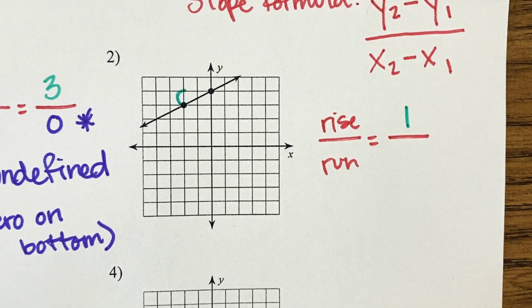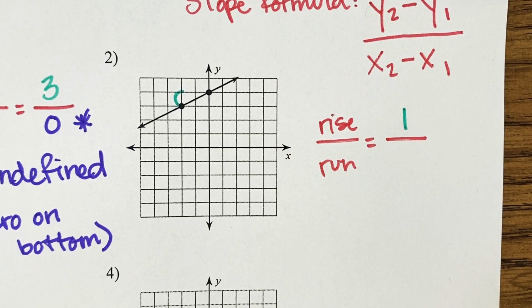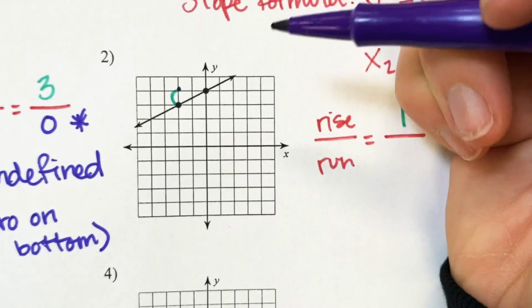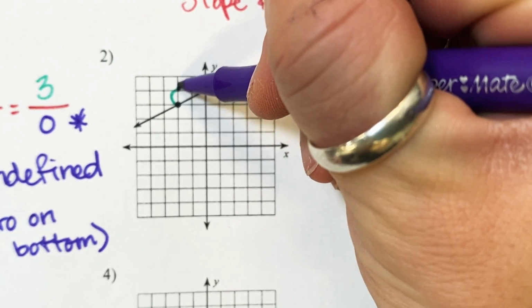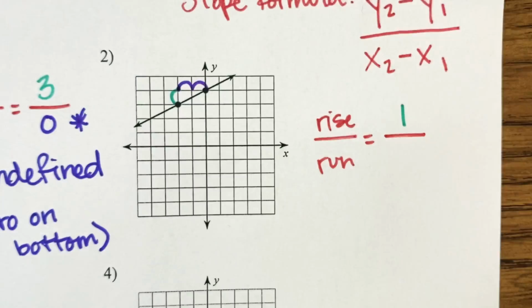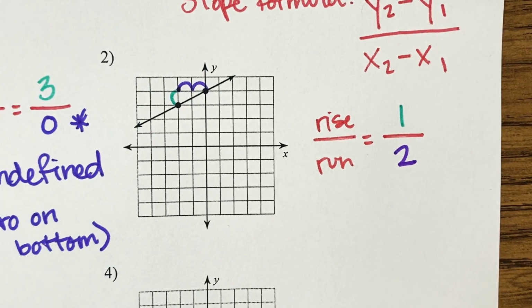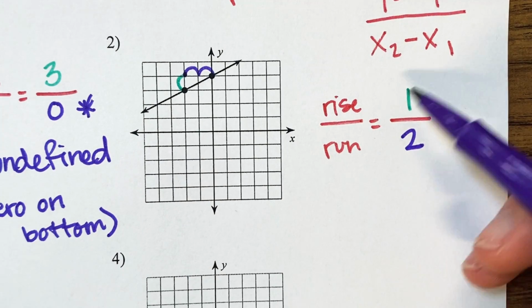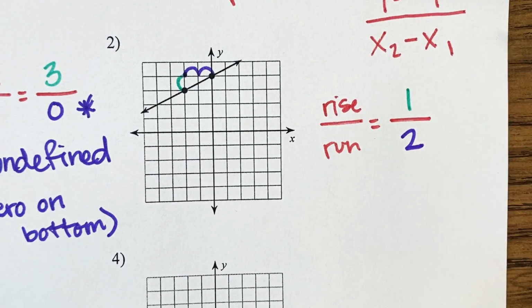So I'm going to put a 1 right there. Now, from that space where I'm at right here, so I rose 1, how many spaces do I need to run? 1, 2. Okay, so now we know that our slope is 1/2.